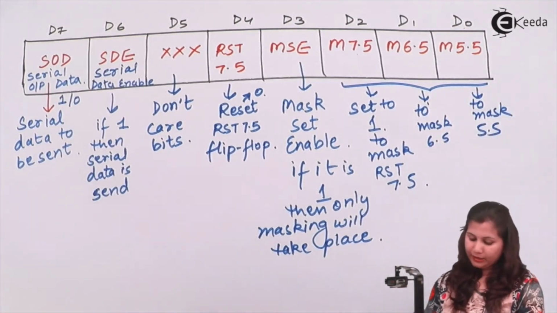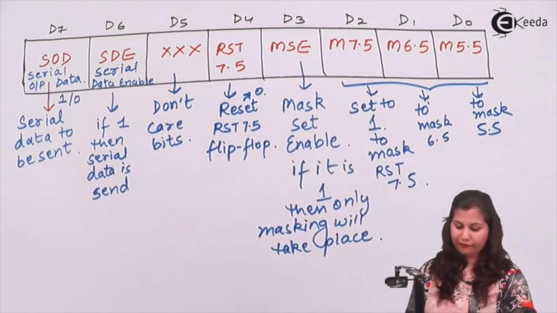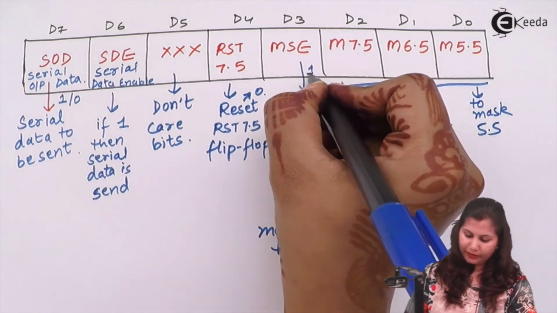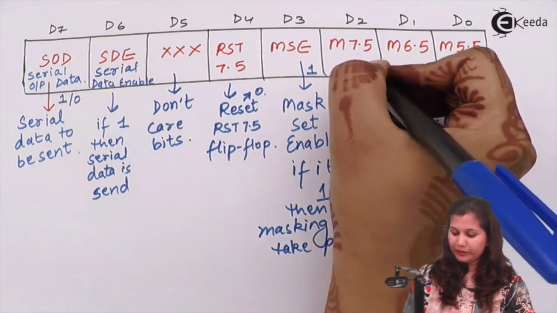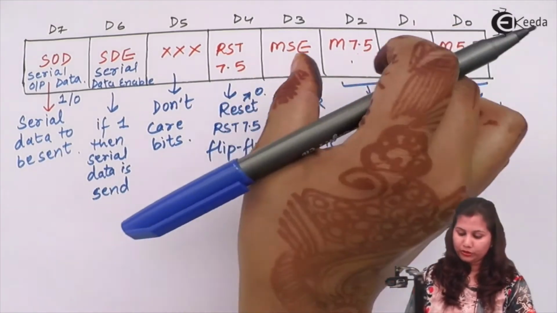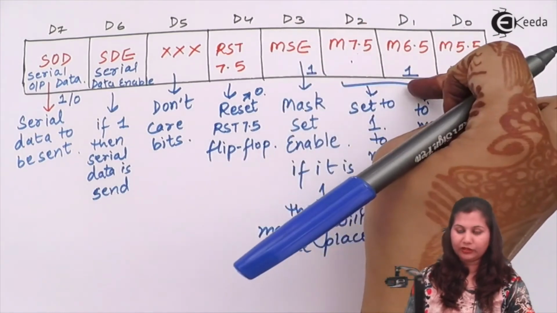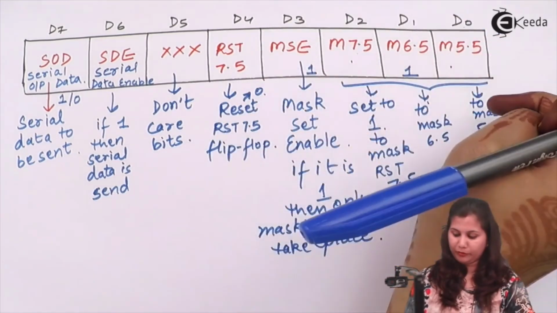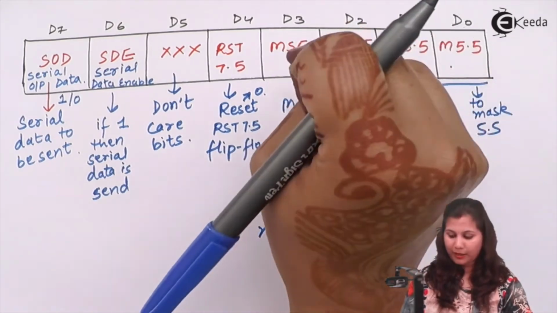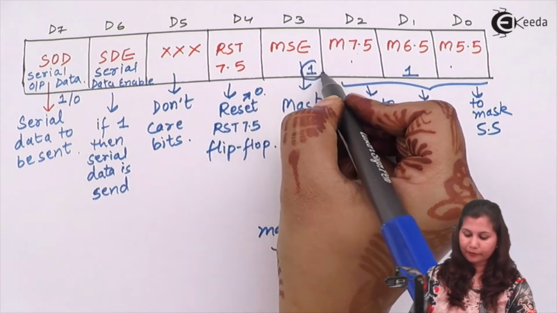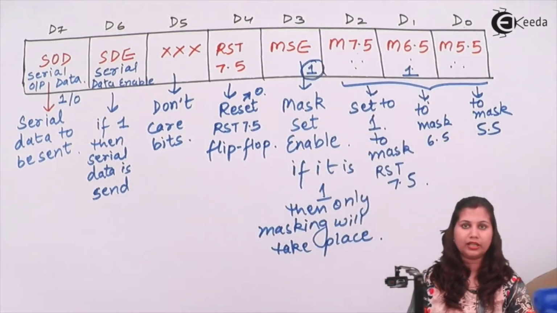If we want to mask the interrupt 6.5, then the D3 bit has to be 1 and the D1 bit has to be 1. Other bits should be 0. So when D3 is 1 and D1 is 1, then 6.5 will be masked. If this bit is 1, then 7.5 will be masked. But the MSE bit has to be 1 for the masking of any of these 3 interrupts.